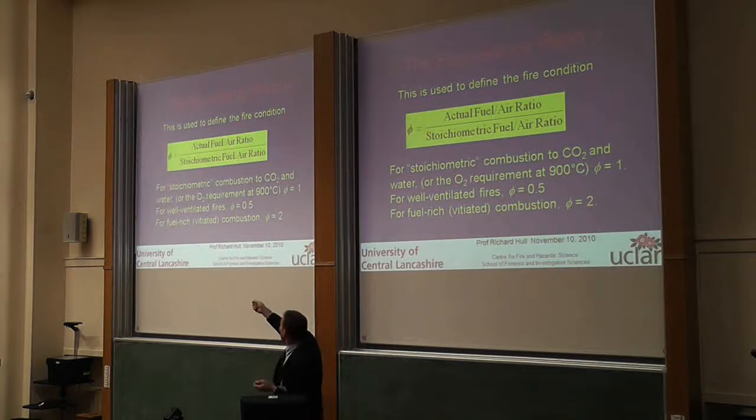If we then put the actual fuel to air ratio above that, then if we've got an equivalence ratio of 1, we've got exactly the right amount of air. If we've got an equivalence ratio of 1/2, we've got twice as much air as we need. And if we've got an equivalence ratio of 2, we've got twice as much fuel as we've got air to burn it. Okay? You need to know that for the rest of the lecture, otherwise you might as well go to sleep.